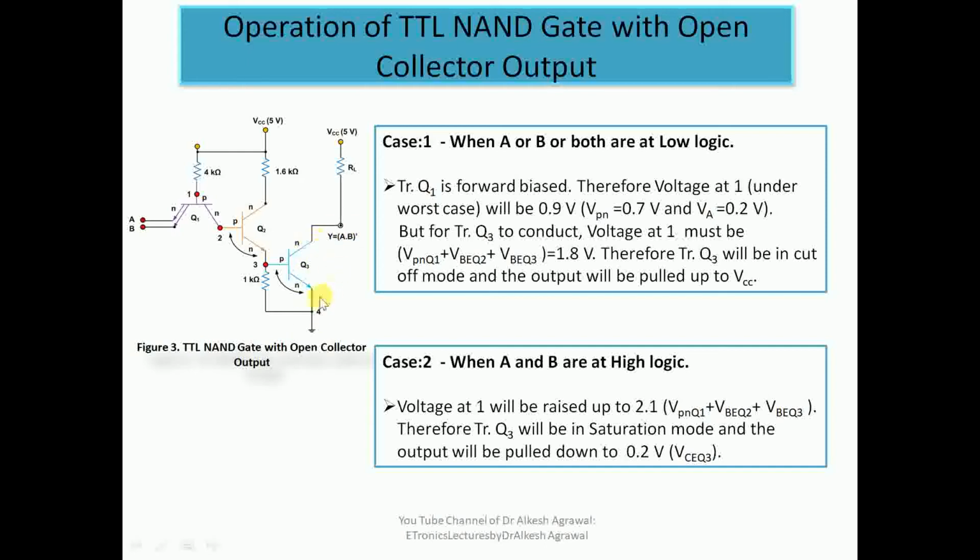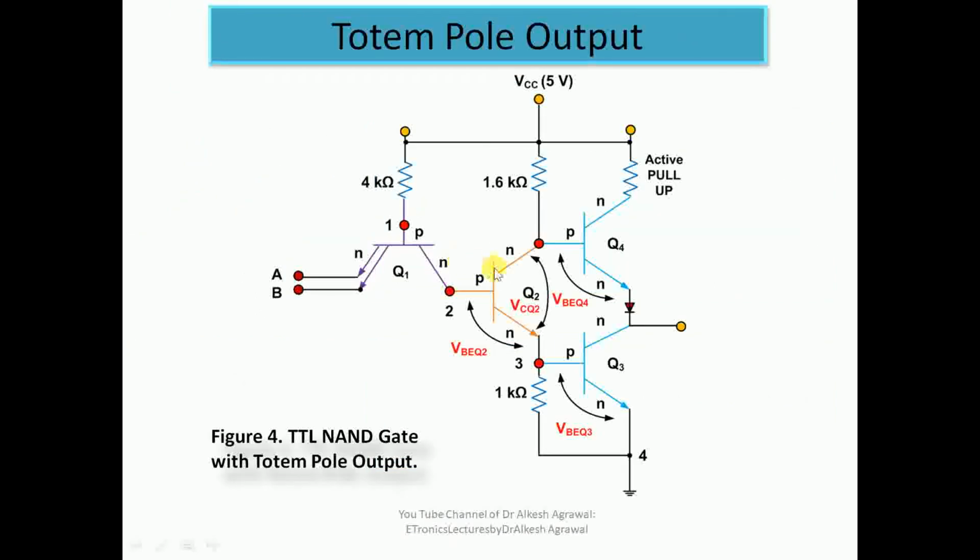So VCE of Q3 will be 0.2 volt, down to ground. So in this case, again we get a NAND output. A and B are high, and what we are getting is a low output. So this is how the open collector output works when both inputs or any one input is low and when both inputs are high. So this is the TTL NAND gate with open collector output.